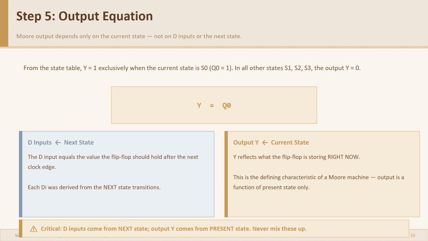But the output Y comes from the present state. It reflects what the machine is doing right now before any clock edge occurs. The D input comes from the next state. Output Y comes from the present state. These are different time references, and mixing them up is one of the most common mistakes in sequential circuit design.